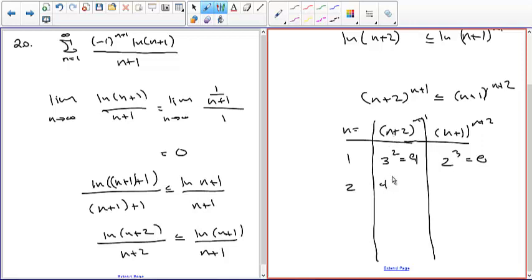So then you'd have 4 to the third power and 3 to the fourth power. Let's see if I have my calculator somewhere here. So this is 64. 3 to the fourth power is 81. So then we have 5 to the fourth power and 4 to the fifth power. 625, 4 to the fifth power, 1024.